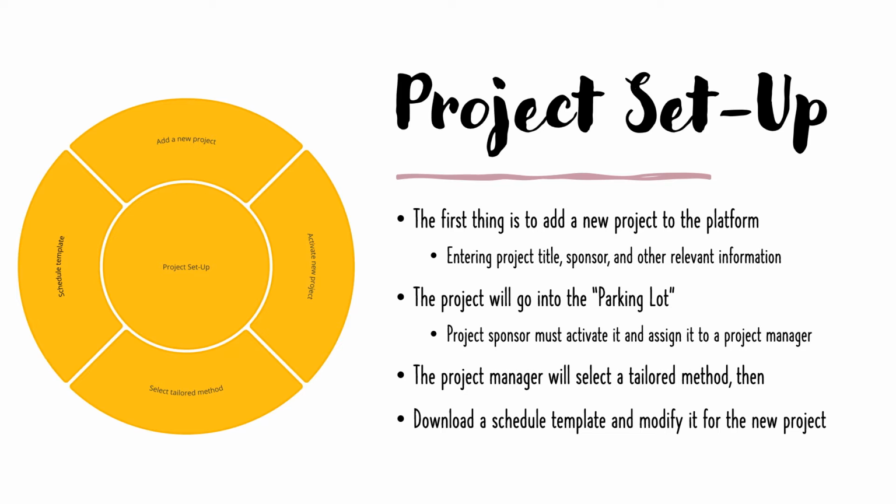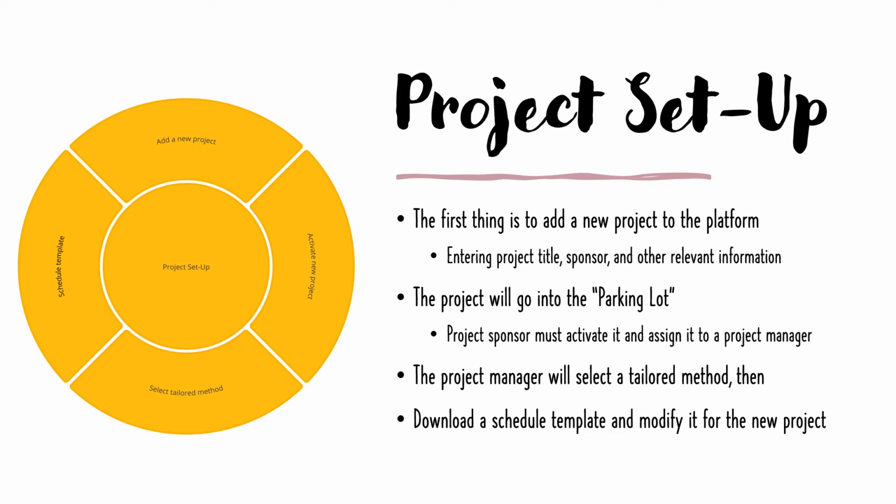On the setup of the project form, there will be much more than these items that I listed here. However, what's critical is to enter the project title and the sponsor and a couple of other relevant points. Other information could be added later by the project manager. So first step, set up the project into the system.